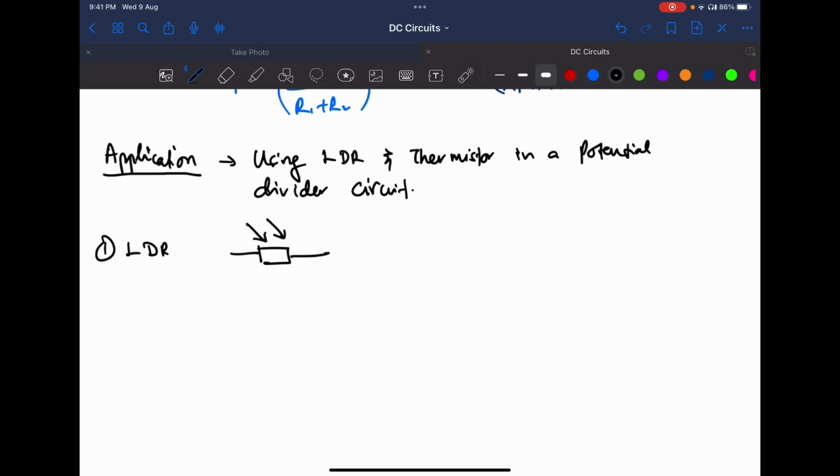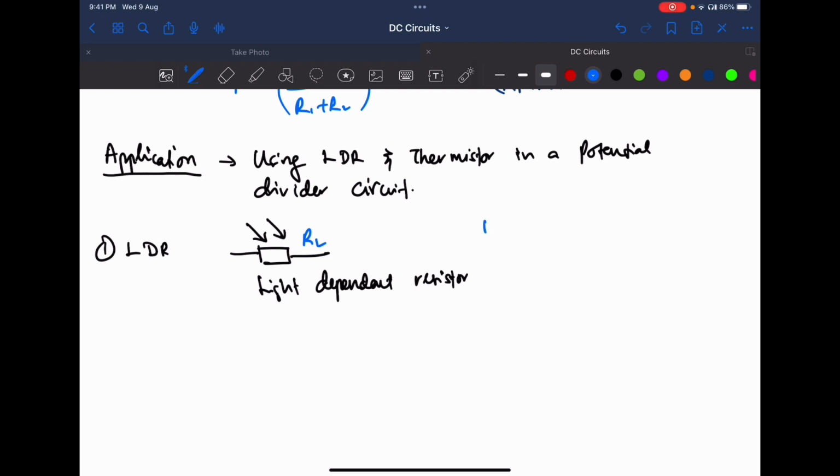LDR is a light dependent resistor. So it is basically an electrical component whose resistance depends on the intensity of the light.